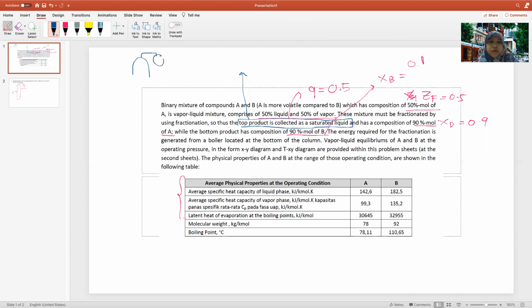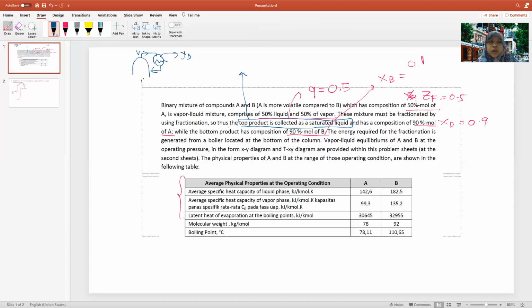The first one is the partial condenser, where they quench a little bit and make a flash calculation of the vapor, so it becomes two phases, liquid and vapor. The vapor is taken out as the distillate.